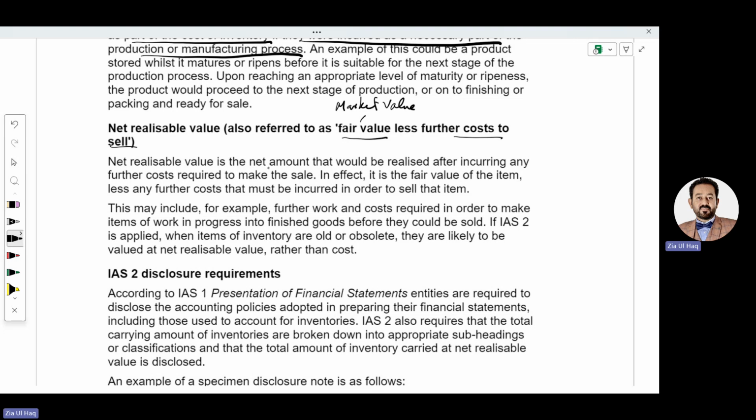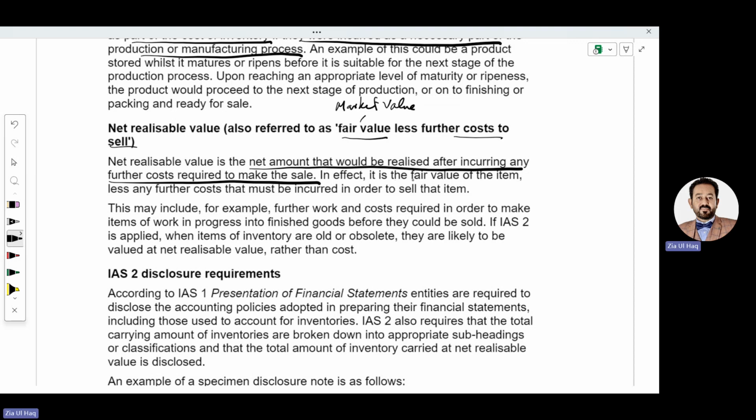Net realizable value is the net amount that would be realized after incurring any further cost required to make the sale. What you will receive by selling the inventory in the market. Obviously, if you are paying any commission, you have to deduct that. What you will receive in your pocket after selling the product in the market, that's called NRV.